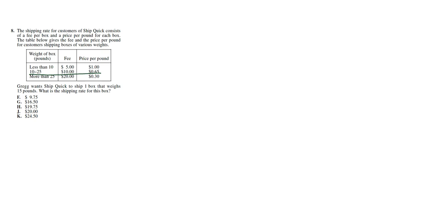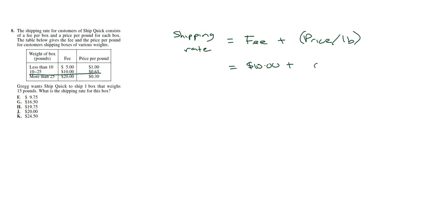So shipping rate is equal to fee plus price per pound. The fee is $10. The price per pound is going to be 0.65, but then we're dealing with 15 pounds.